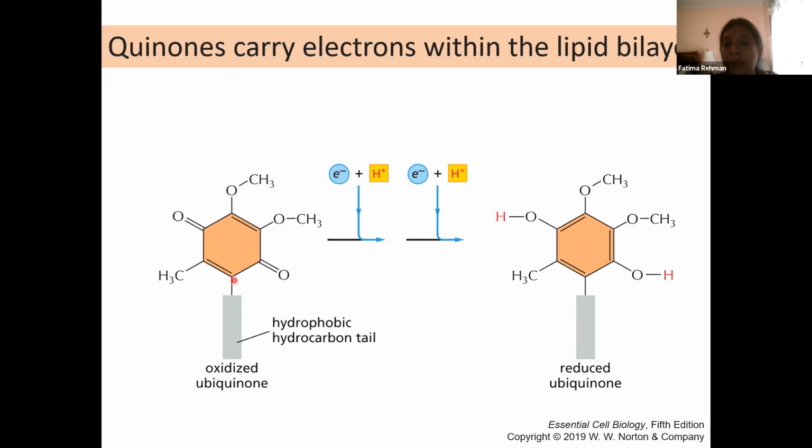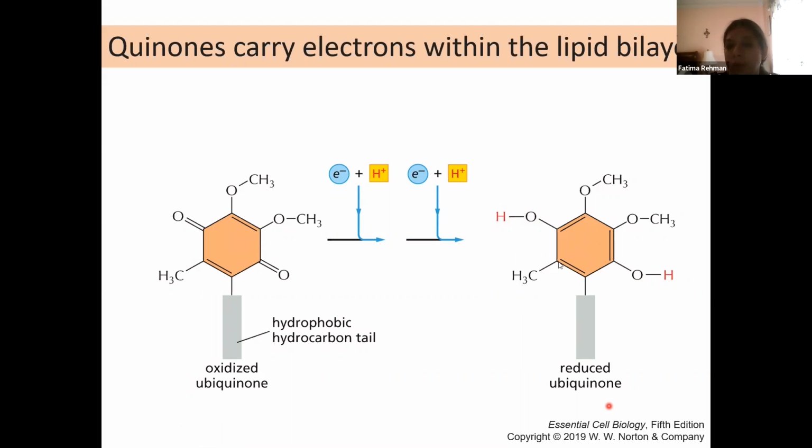The reason they can take that is because they have this hydrophobic hydrocarbon tail that is normally your oxidized ubiquinone. And then once the electrons are transferred to it, they get transferred along with protons. So you see this hydroxyl group, oxygen bound to a hydrogen on both sides.